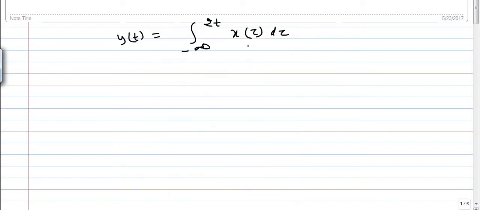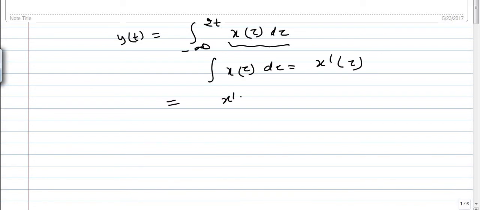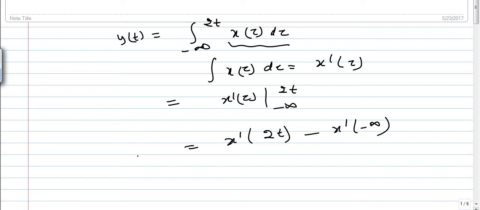Now moving to the next question, this is y(t) equals integration of x(tau) d tau with respect to tau, limit from minus infinity to 2t. Let us assume this integration of x(tau) d tau is nothing but x dash of tau. Putting this limit, we get x dash of 2t minus x dash of minus infinity.